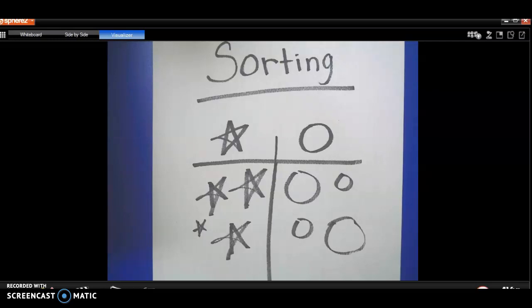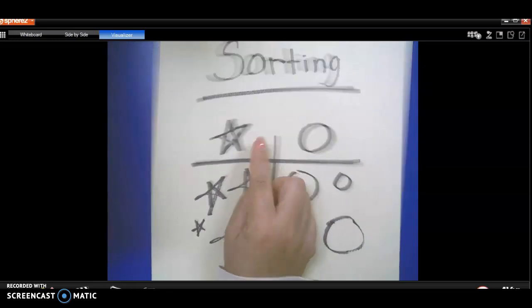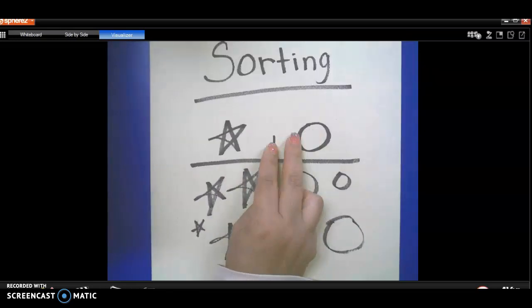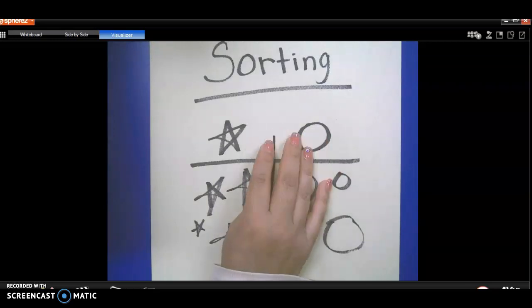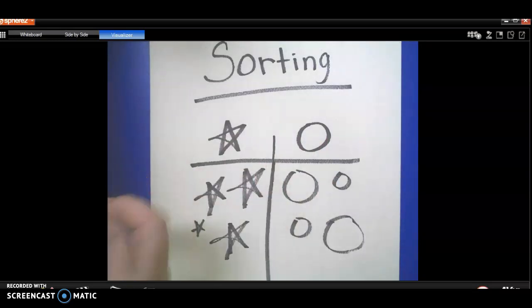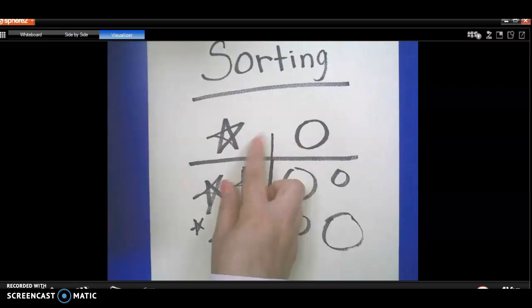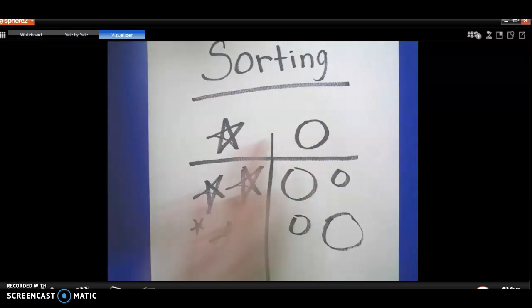So you have to pay attention on the top to see if they're asking you for the shape, the size, the color, or what they look like. Today's activity was, is it a bear or is it a frog? So that's the important thing when sorting. You have to pay attention to what they're asking you for, okay?